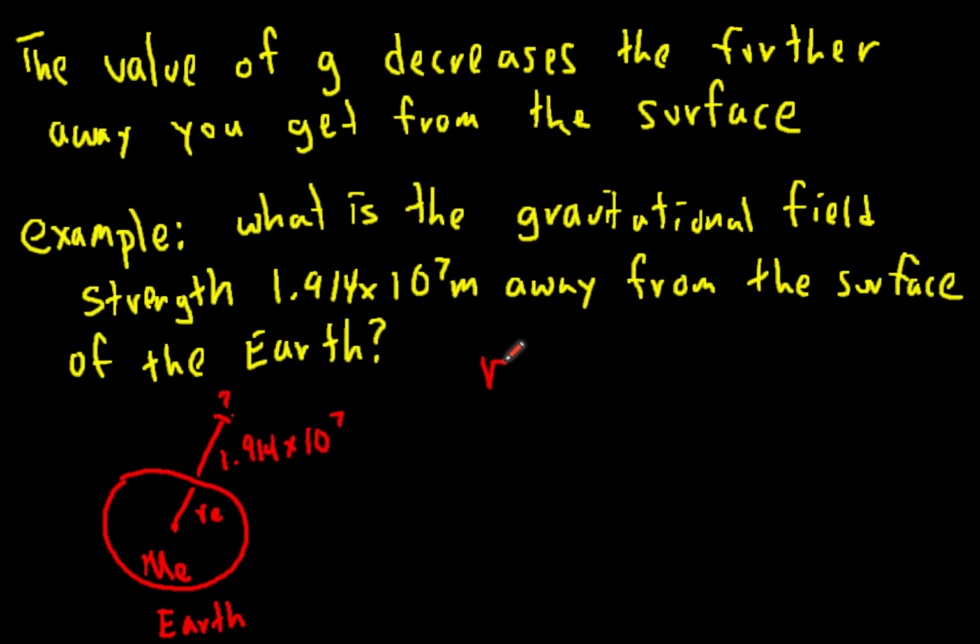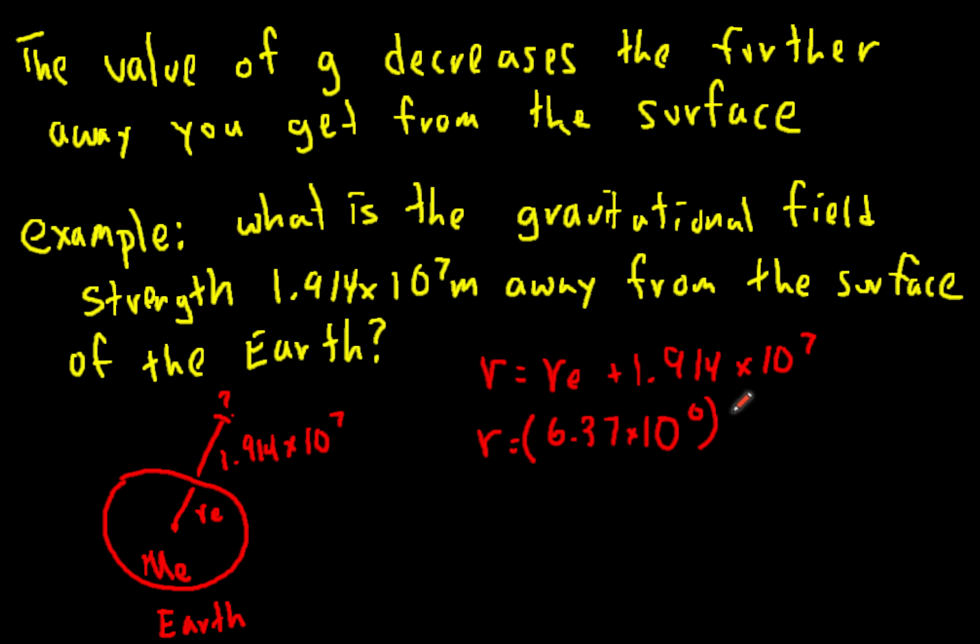Now, the radius in the gravity formulas always relates to the center. So the total radius is the radius of the Earth plus the 1.914 times 10 to the 7 meters, which is 6.37 times 10 to the 6, the radius of the Earth, plus 1.914 times 10 to the 7, which is the distance from the surface. The total radius is then 2.551 times 10 to the 7 meters.